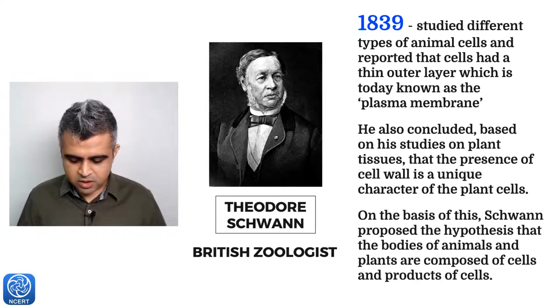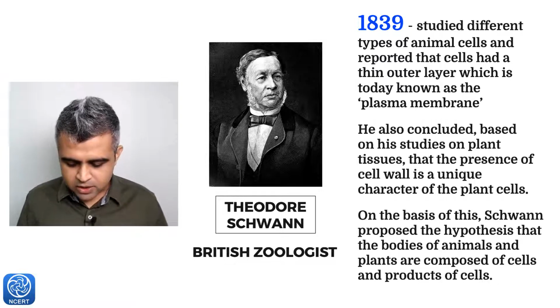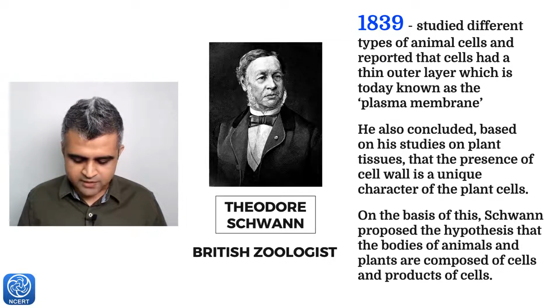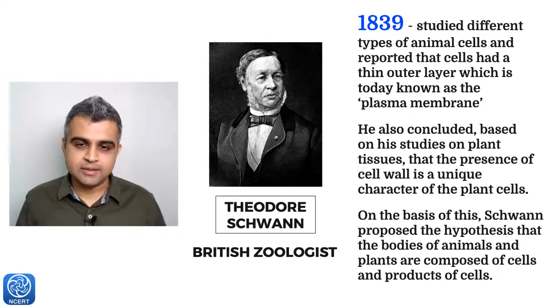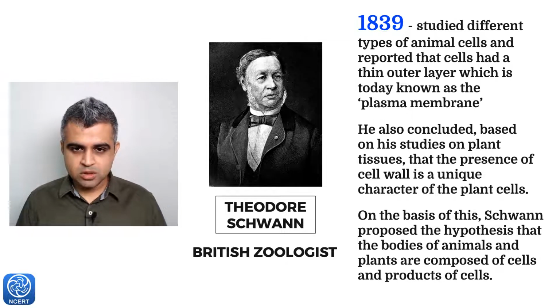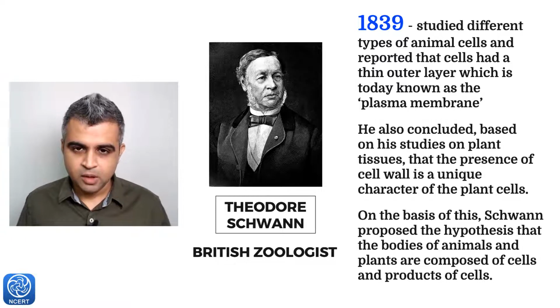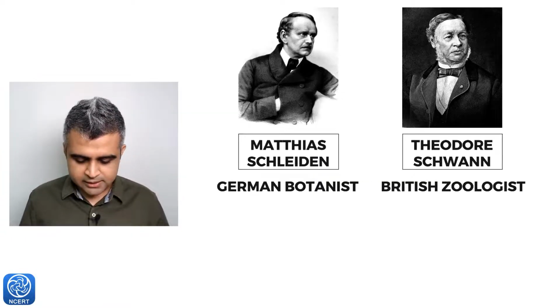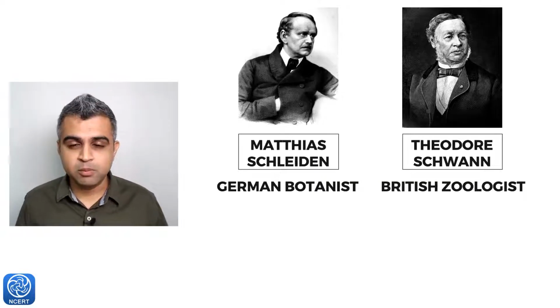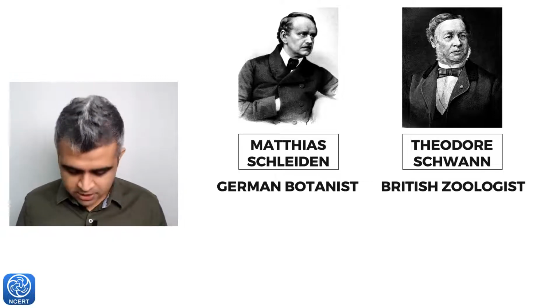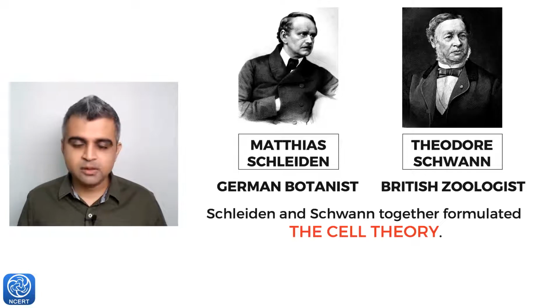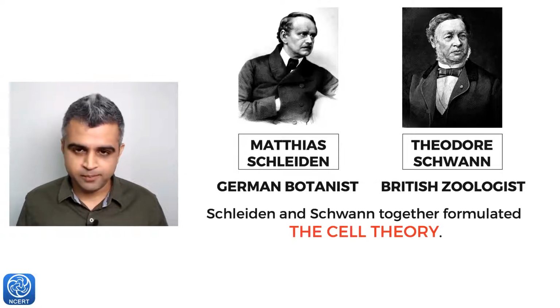On the basis of this, Schwann proposed the hypothesis that the bodies of animals and plants are composed of cells and products of cells. This was Schwann's contribution in 1839. Both these scientists, Matthias Schleiden, a German botanist, and Theodor Schwann, a British zoologist, together formulated the cell theory.